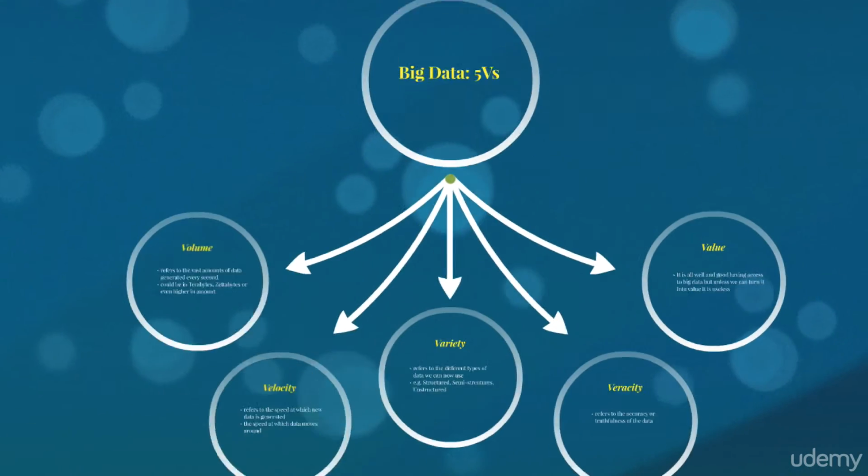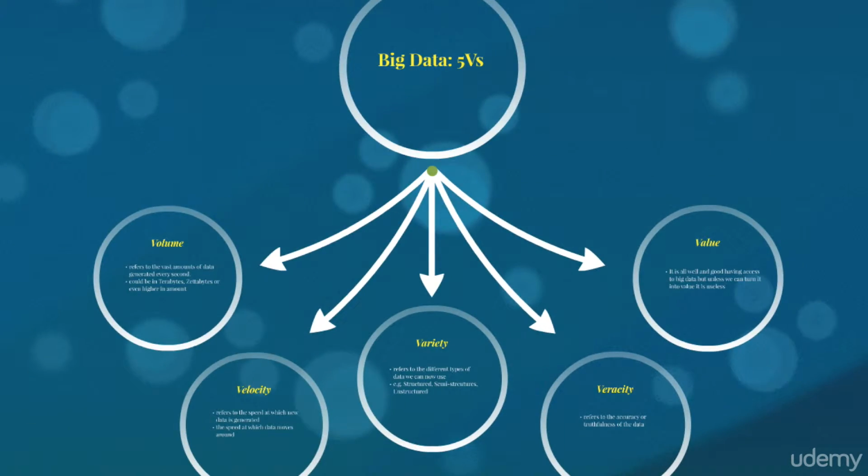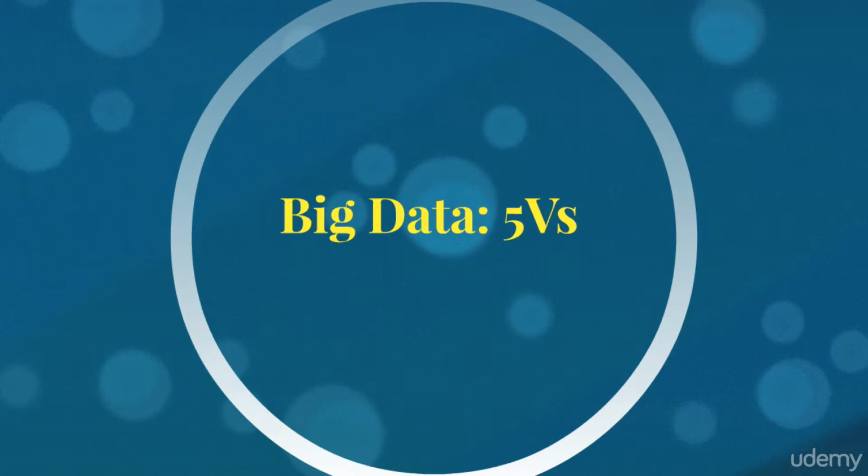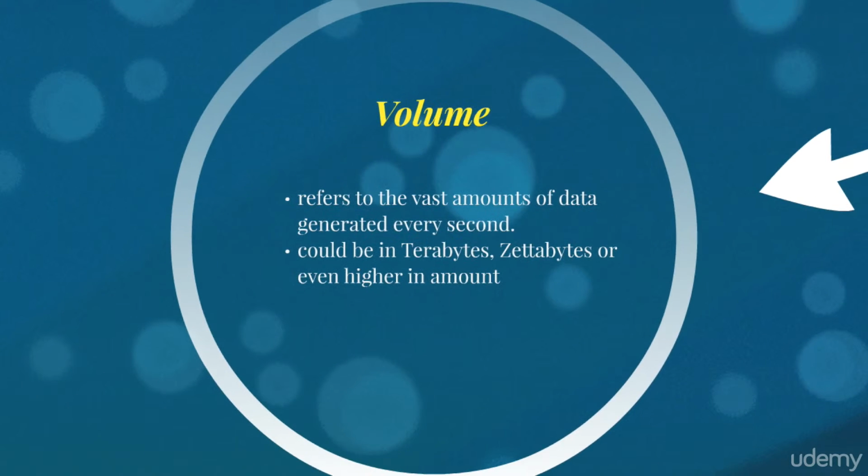If you look at big data, it is often described using 5 V's: volume, velocity, variety, veracity, and value. Let's have a look at these terms individually. Volume refers to the vast amounts of data generated every second. Just think of all emails, Twitter messages, photos, video clips, sensor data, etc. we produce and share every second.